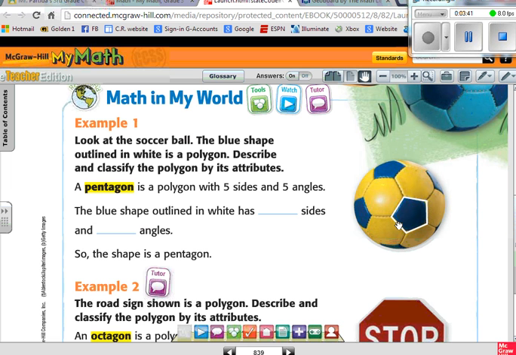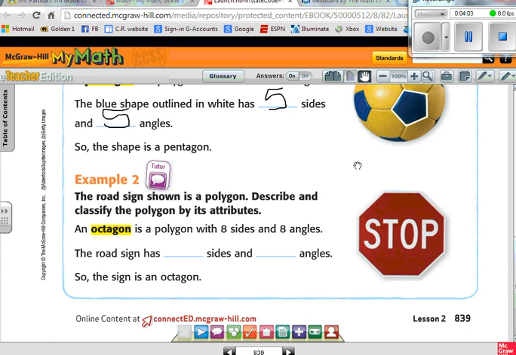The blue shape outlined in white has how many sides? 5. And how many angles? 5. So again, the same number of sides, they're going to have the same number of angles. So that's called a pentagon.